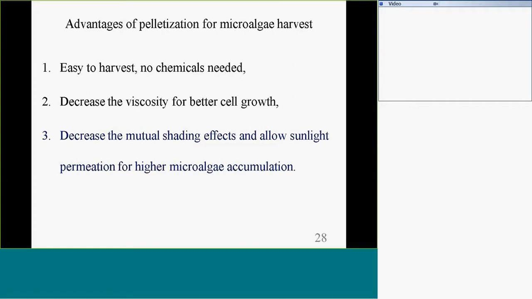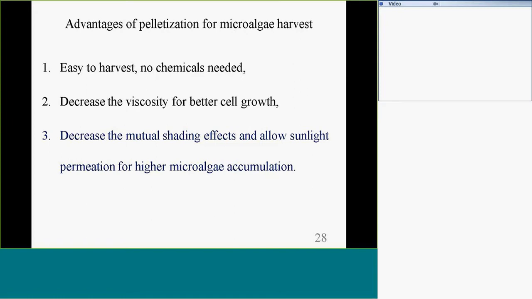And the second, after co-pelletization, it decreases the viscosity, so cells in the medium or in the water can grow faster and there is a smaller mass transfer coefficient for nutrients and products. And the third, it decreases the mutual shading effect and allows sunlight to penetrate for higher microalgae production and accumulation.